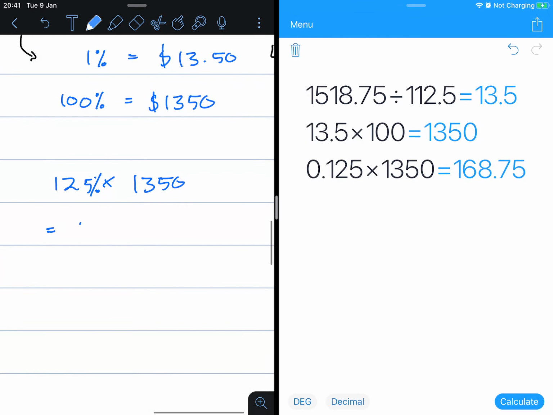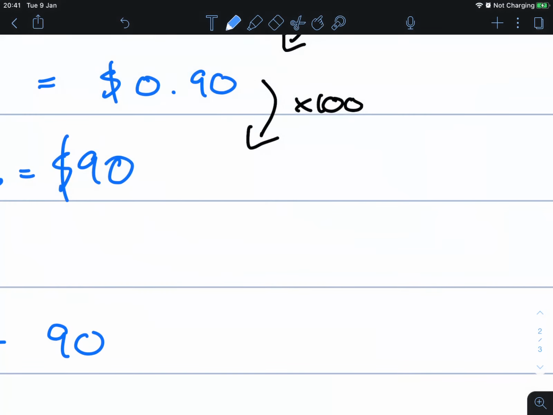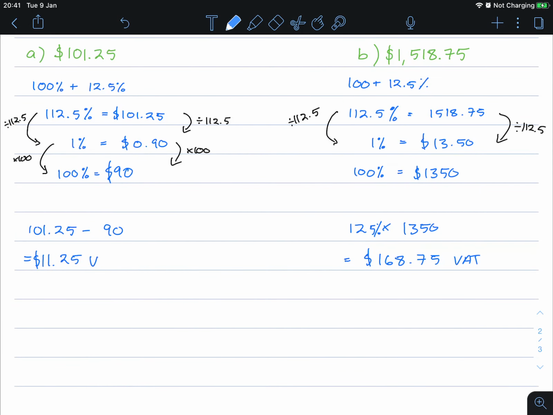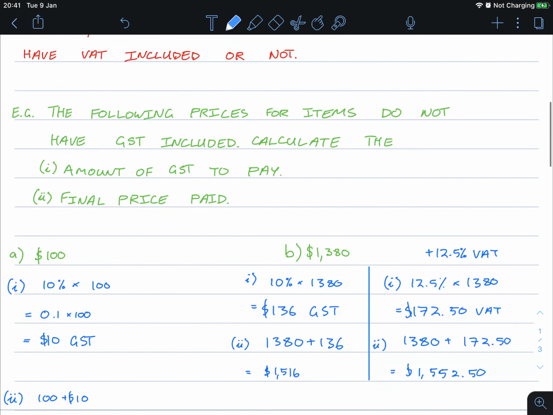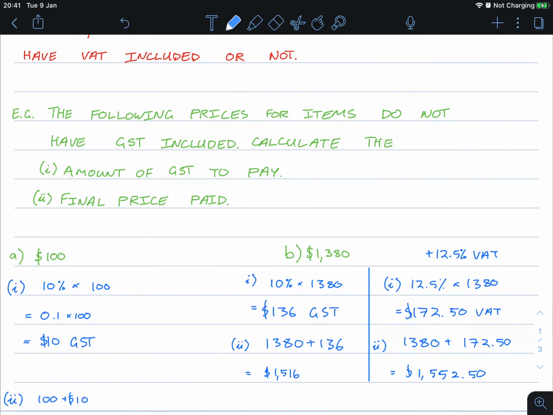So how much tax was paid was $168.75 VAT. Which adds here as well. That's VAT.